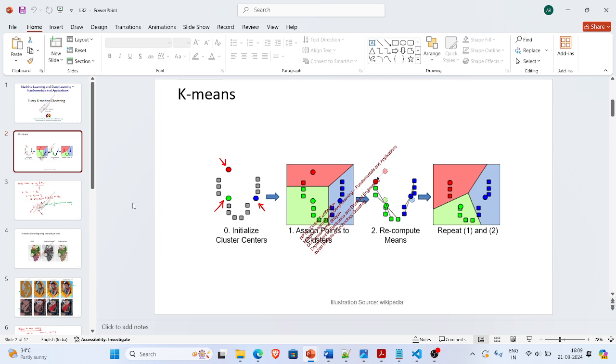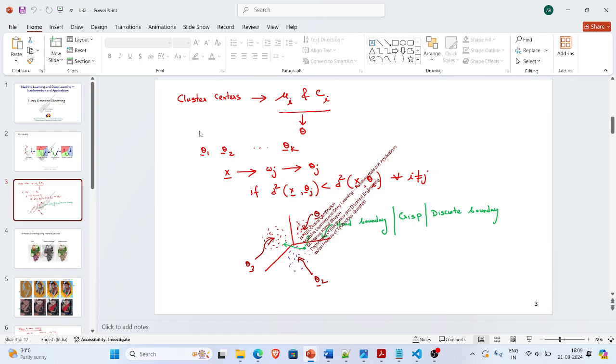Okay, so this is k-means, and cluster centers are represented by theta here. The cluster to which a point belongs should have the minimum distance.